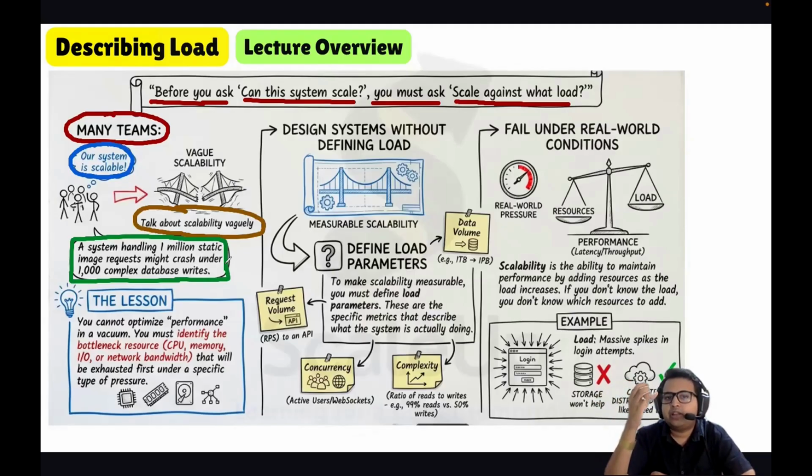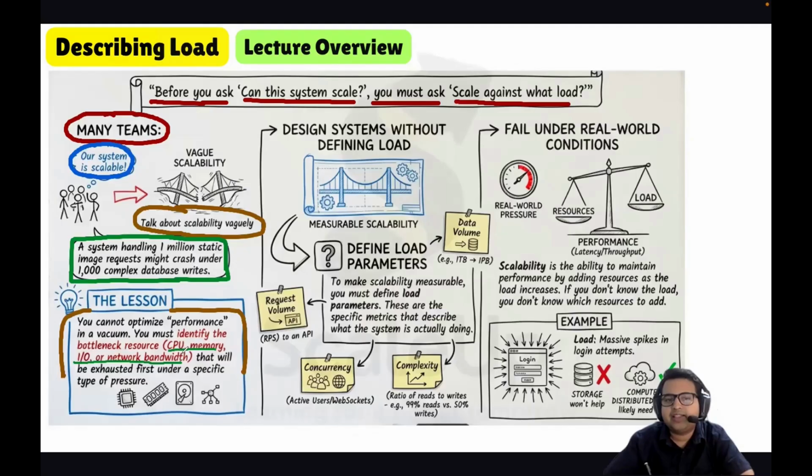So that's why load plays a very important role, like what kind of work the system is serving. Load truly defines the scalability. The lesson we should learn is, you cannot optimize performance in a vacuum. You must identify the bottleneck resources like the CPU, the memory, the input output, and the network bandwidth.